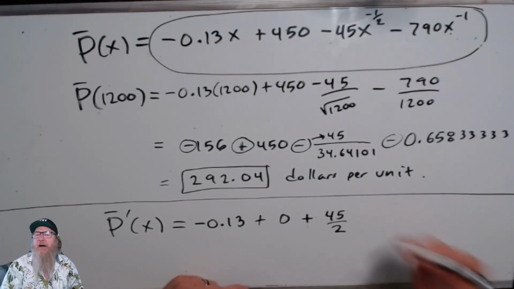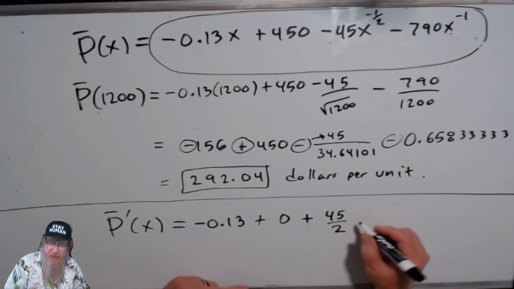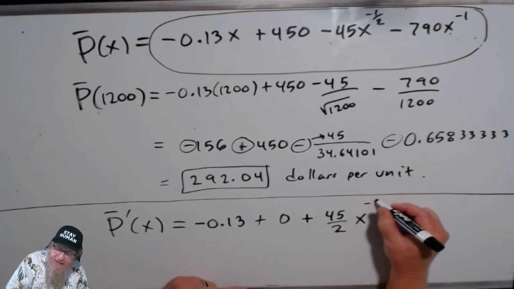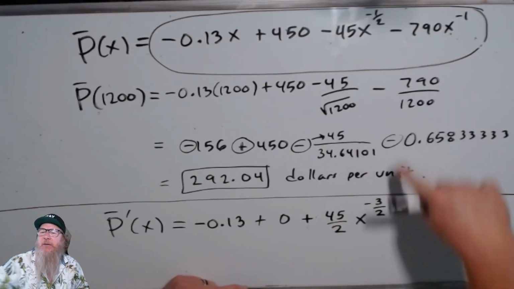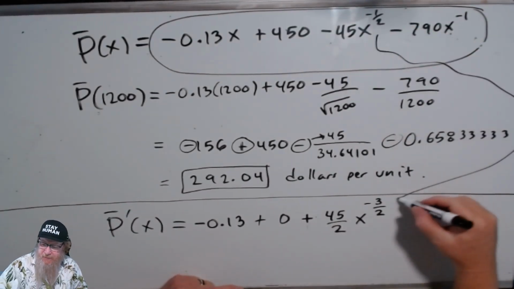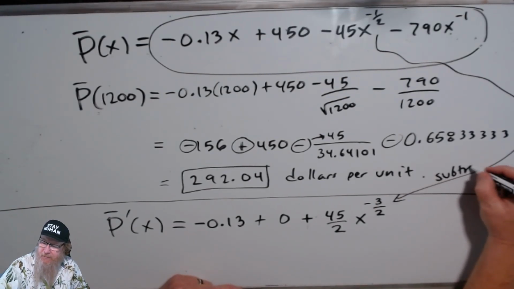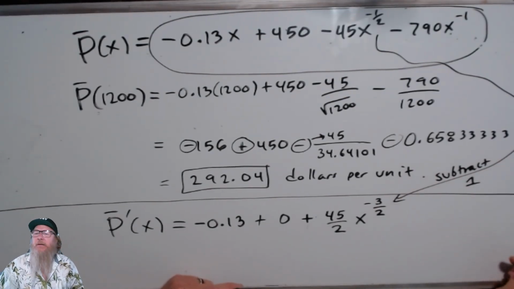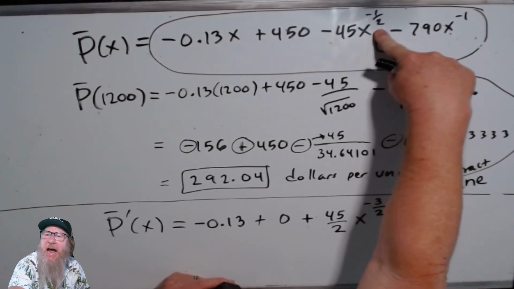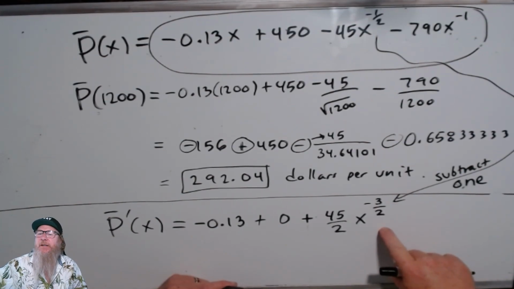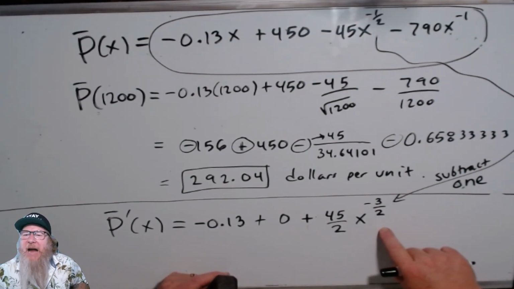I'm going to put it in my calculator. It's going to give me a decimal. That's going to be x to the negative 3 halves. So I'm subtracting 1 from negative a half, so I get negative 3 halves. It's also negative 1.5 if you prefer decimals.